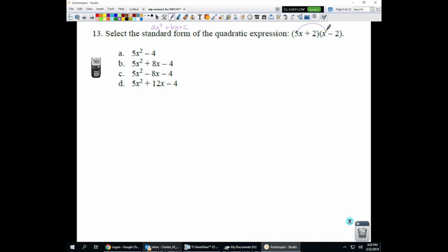So 5x times x would be 5x squared. 5x times negative 2, negative 10x. 2 times x is positive 2x. And then 2 times negative 2 is negative 4. When I combine my like terms, I have 5x squared, negative 10 plus 2 is negative 8x, and then subtract 4. So that puts me at choice C.